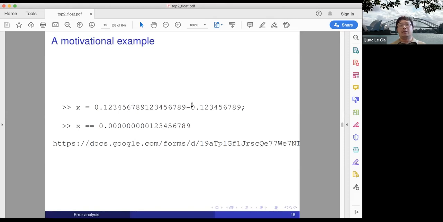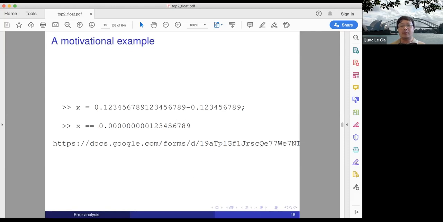Now I just take away the first 9 digits after the dot, so minus 0.123 up to 9. By elementary calculation, x should equal the last 9 digits, I mean the first 9 digits become 0, right? But now, is it true or not?